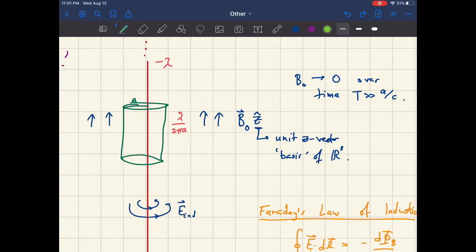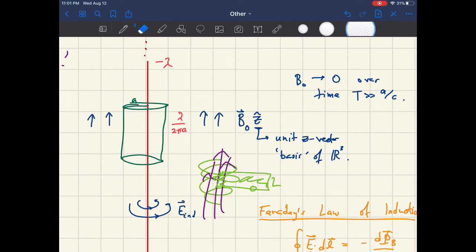That might remind you of a solenoid. In a solenoid, you had a loop of wires, and the magnetic field goes straight through. And what you did was take an Amperian loop of length L, and the magnetic field outside would be 0, and the magnetic field inside you'd have to calculate, and that's how you derive the formula for the magnetic field inside a solenoid.